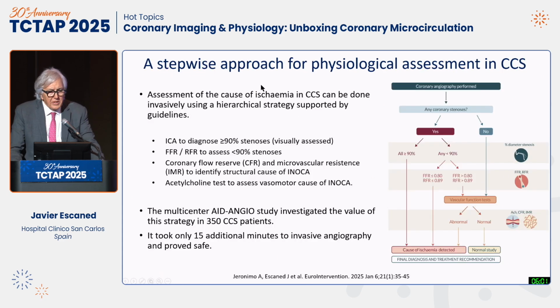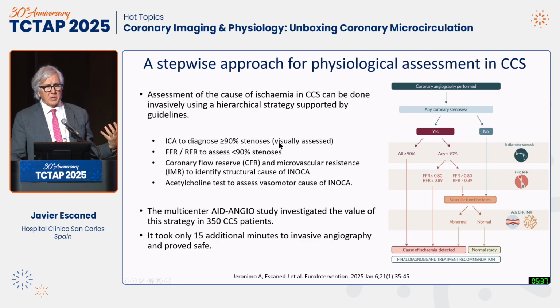Now, if you want to think in a stepwise approach for physiological assessment of chronic coronary syndromes in the cath lab, which is the main introduction of my lecture to what is coming, you may follow this scheme that we have followed in the 8-angio study. Basically, you use the angiogram to find if you have a 90% stenosis.